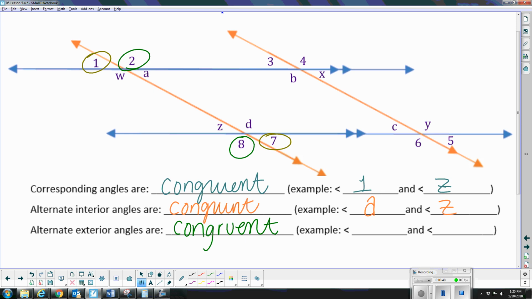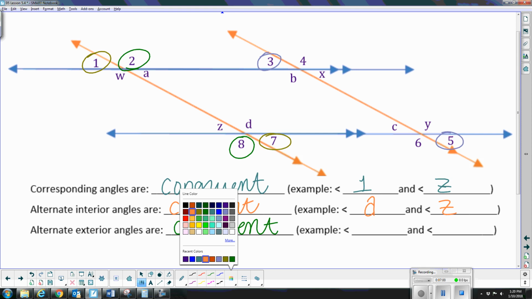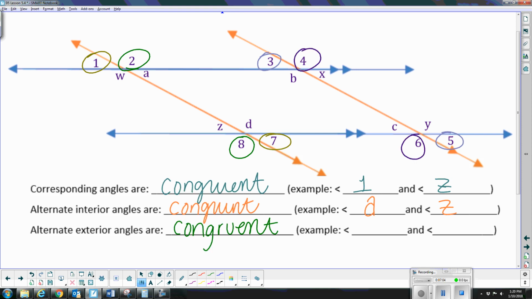They're on alternate sides of the transversal and outside of your parallel lines. Another example is 3 and 5. Or lastly, 4 and 6. Any of those are examples of alternate exterior angles. So I'm going to write down on here 8 and 2. That's just one example, but you can see, again, all the pairs up here.